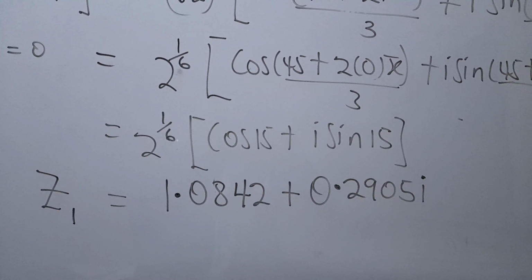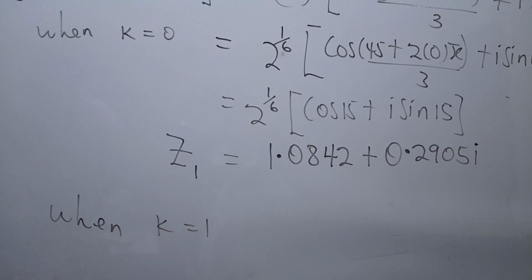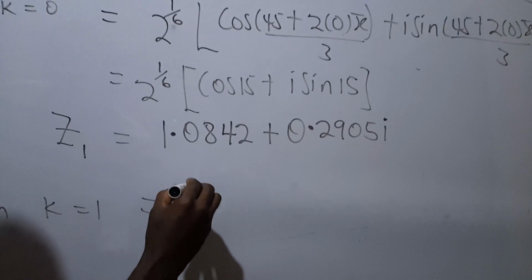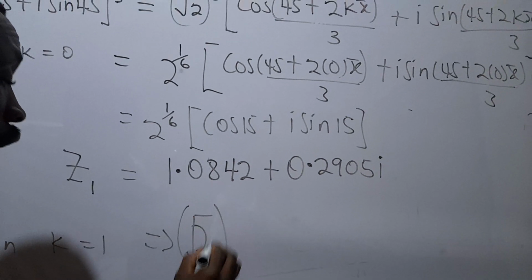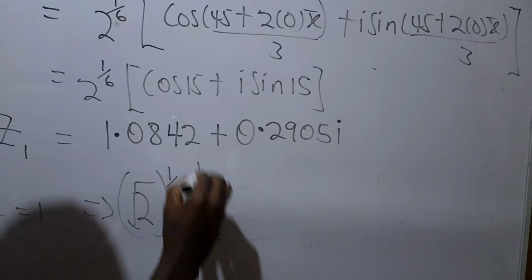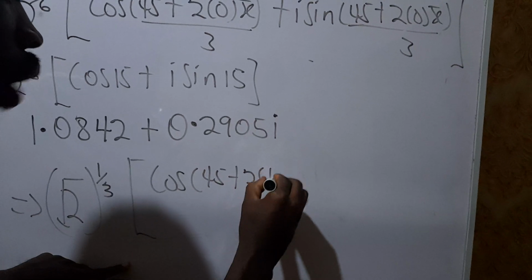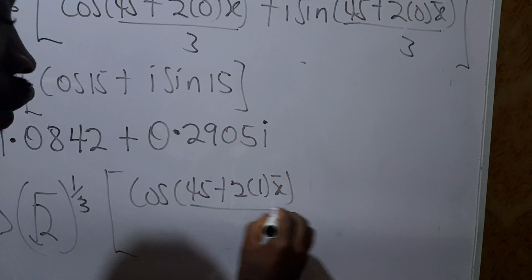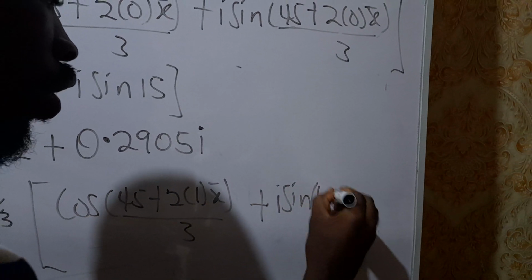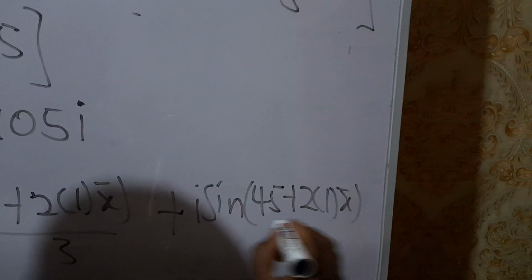We can find the second root. That's when k is equal to 1. So we have the implication that we have 2 exponent, the square root exponent 1/3, bracket cos 45 plus 2 times 1 pi over 3 plus I sine 45 plus 2 times 1 pi over 3.